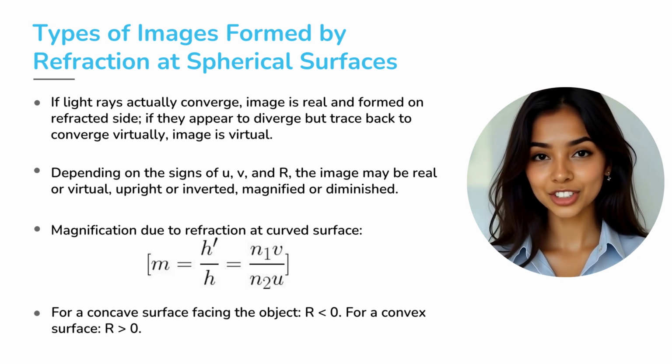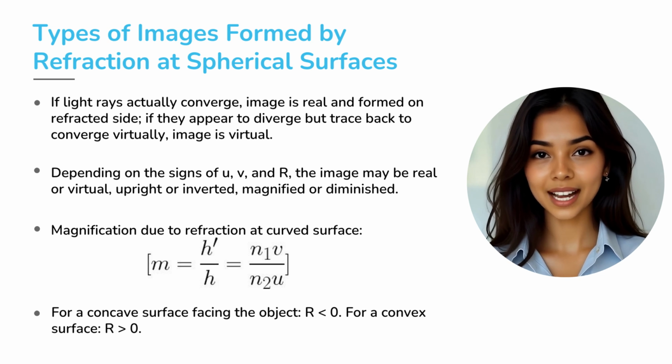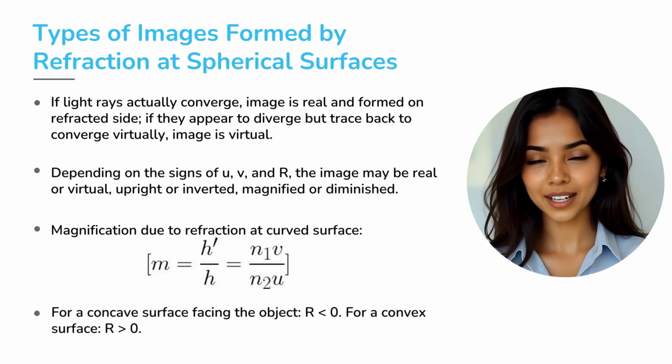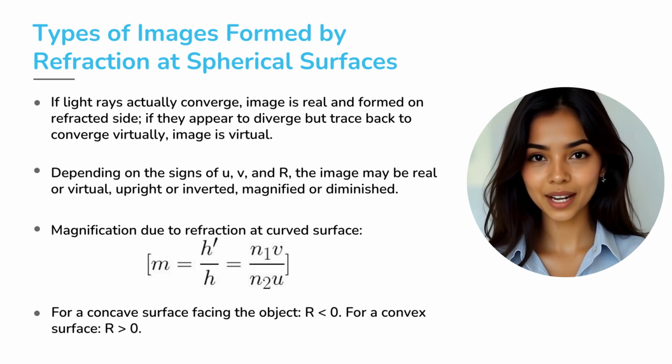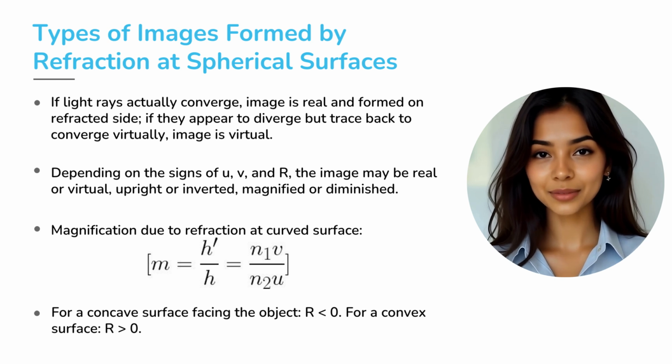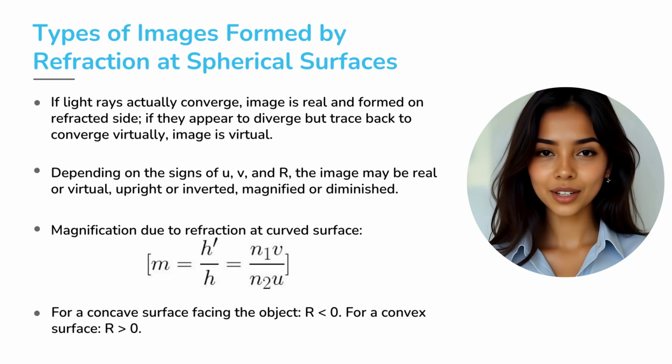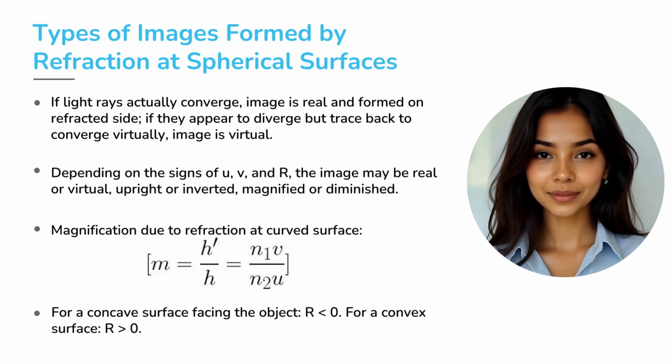So magnification depends on both geometry and the optical properties of the media involved. What's fascinating is that these properties perfectly match what ray diagrams show and what the mathematics predict, giving us a complete picture to understand lenses and curved surfaces around us.